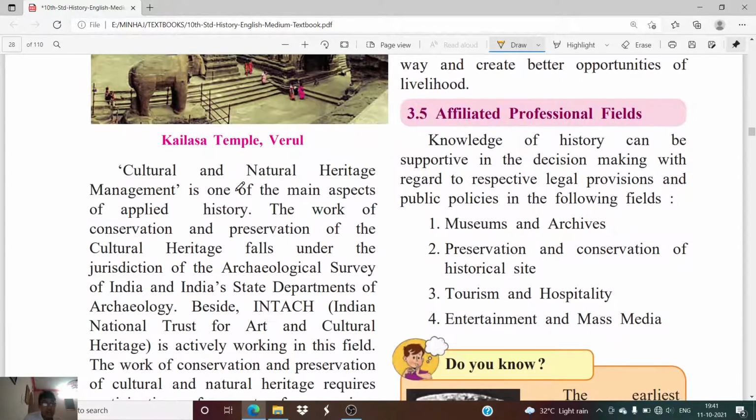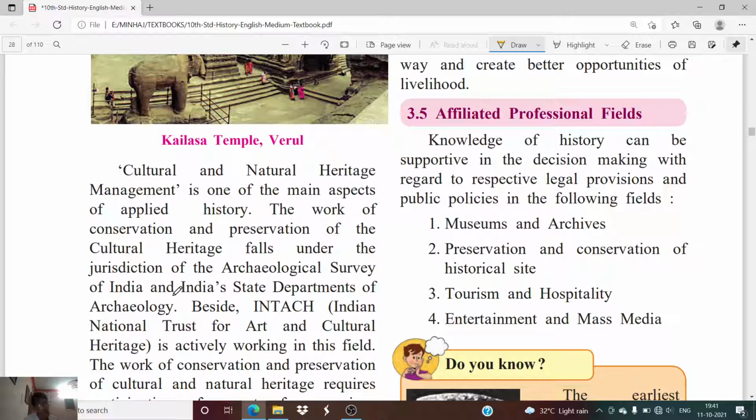Now, cultural and natural heritage management is one of the main aspects of applied history. Okay, it is an important aspect of applied history. The work of conservation and preservation of the cultural heritage falls under the jurisdiction of the Archaeological Survey of India and India's state departments of archaeology.